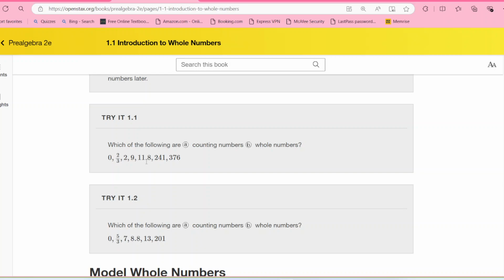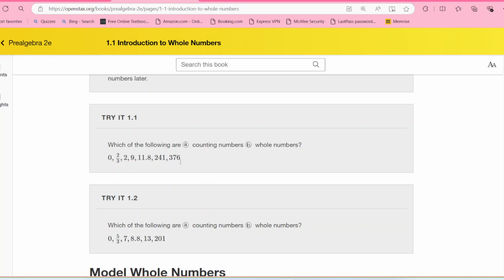This would be between 11 and 12, so not counting, not whole. Then 241, right? Not a fraction, no decimal point, so this is a counting number, a whole number.